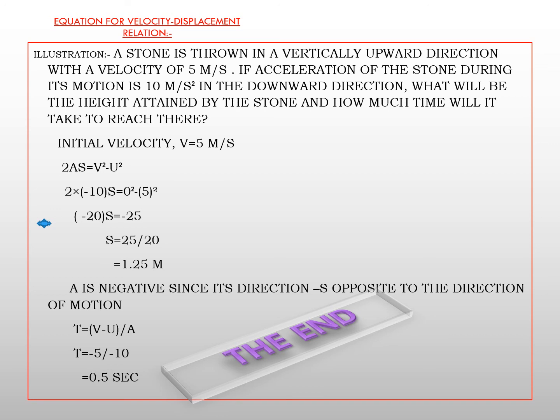From that relation we conclude that time t is equal to v minus u, with acceleration, which was in multiplication, going into division form after changing sides. So t is v minus u divided by a. Now time is equal to minus 5 by minus 10, which is 0.5 seconds.